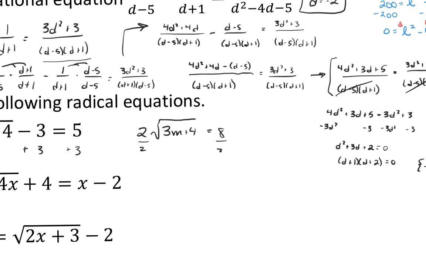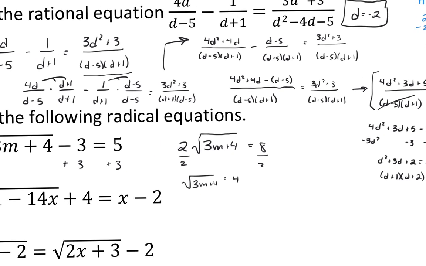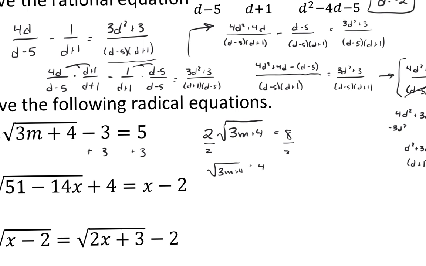And now we have root (3m plus 4) equals 4. From there, go ahead and square everything to get rid of that square root. So we have 3m plus 4 equals 16. Go ahead and subtract our 4. 3m equals 12. And then m equals 4.